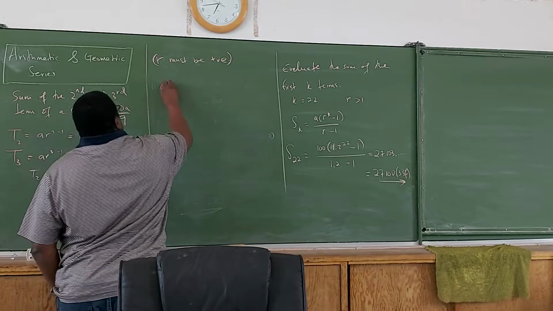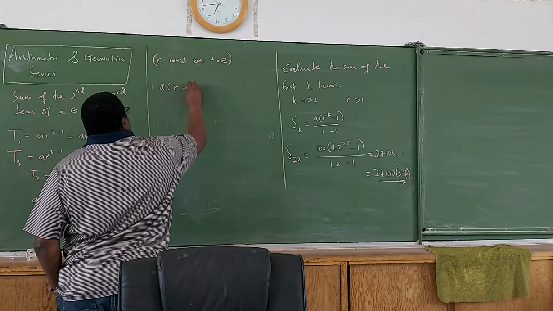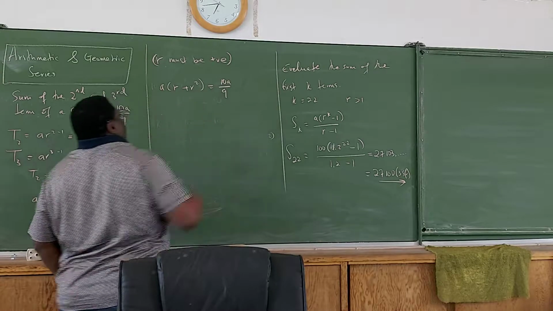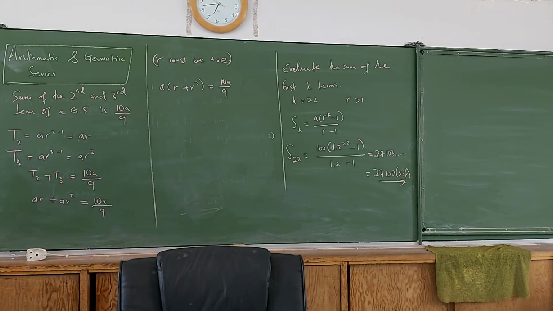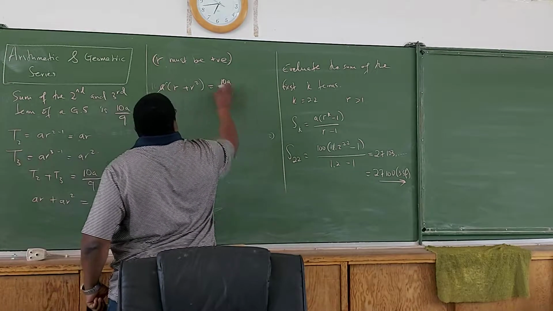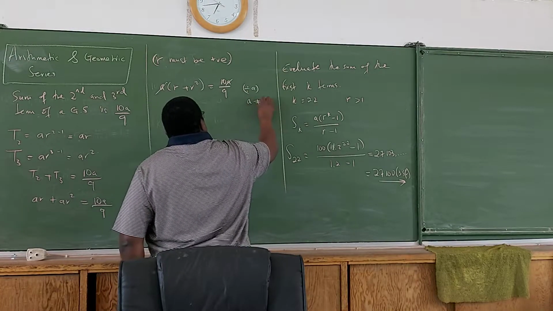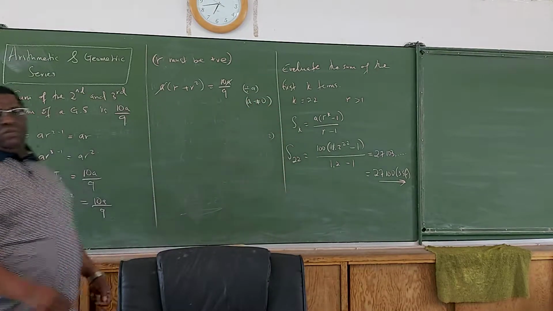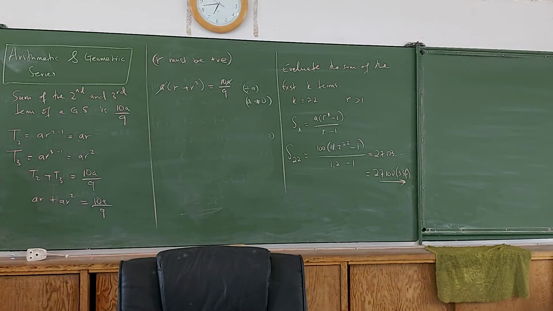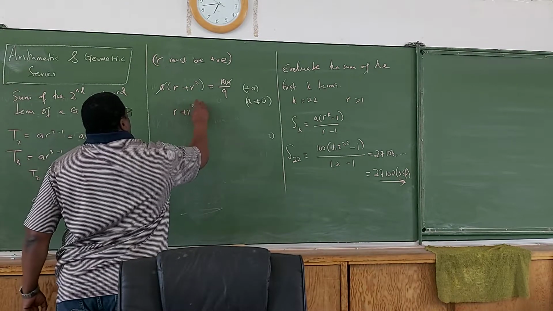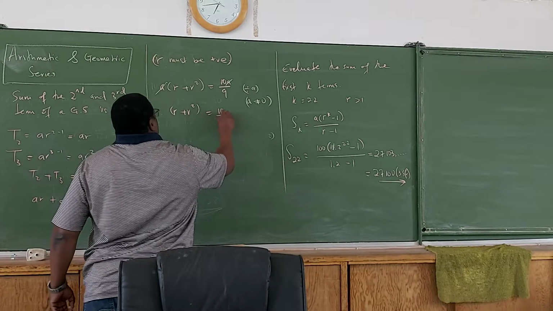So take out the a, then you have r plus r squared equals 10a over 9. Right, so you are dividing both sides by a, provided a is not equal to 0, obviously. You understand? Because if a is equal to 0, you can't divide by 0. Okay, so now we are left with r plus r squared equals 10 over 9.